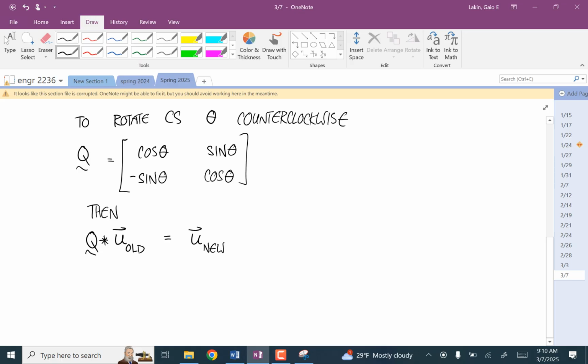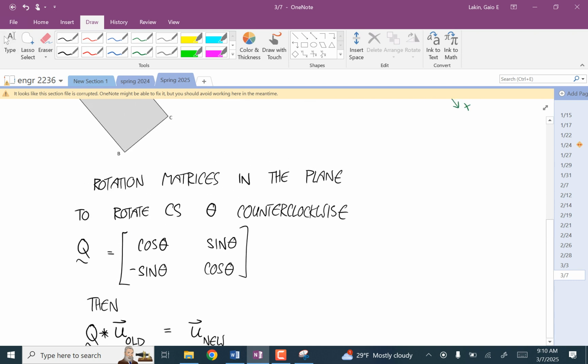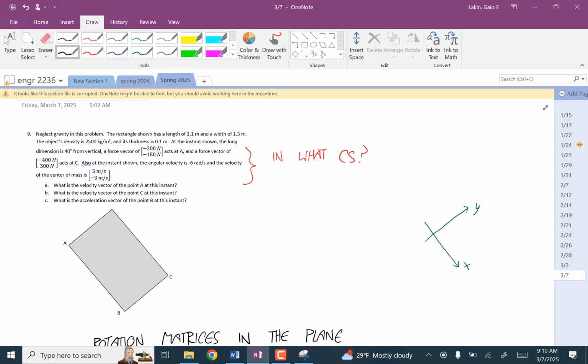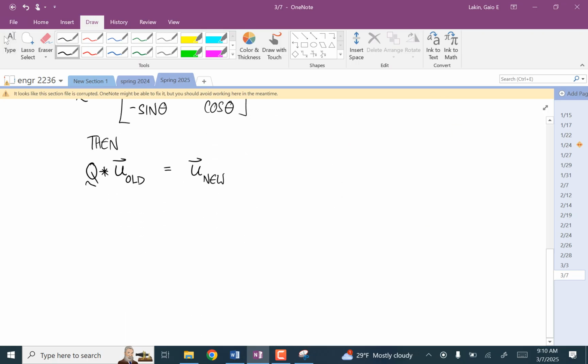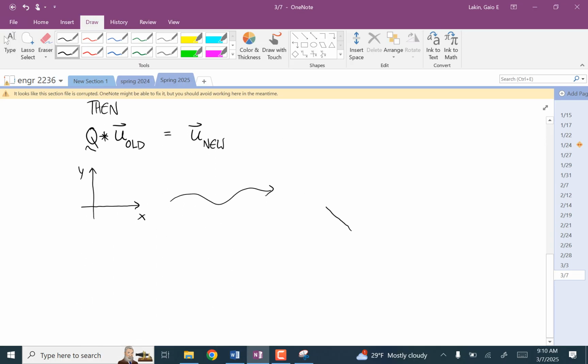Okay, so in our case, we're given these force vectors in a coordinate system like this, and we want to express them in a coordinate system like this.